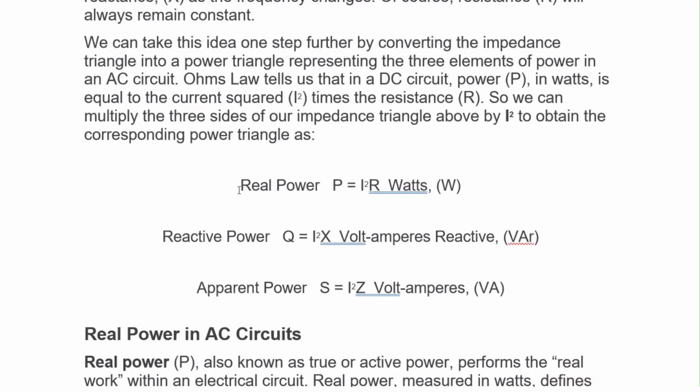Also, we have studied already that in this type of circuit, we have a real power, which is the multiplication of the square of the current and the resistance. And this is measured in watt. That also we had discussed.